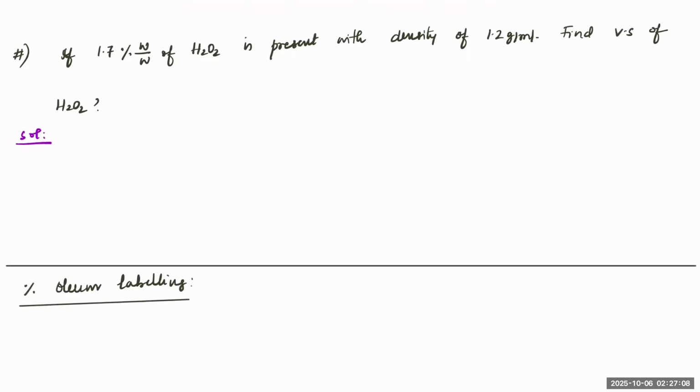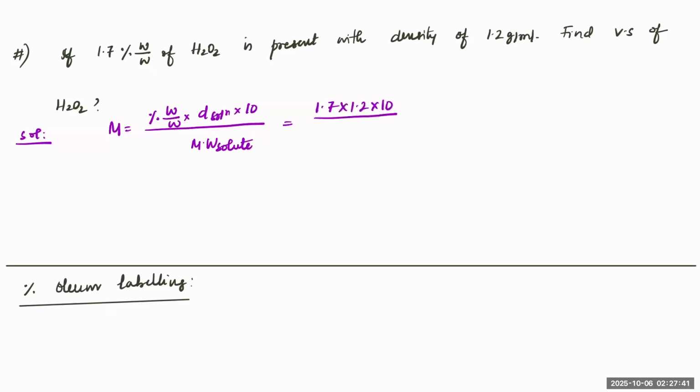That is, molarity is equal to percentage weight by weight into density of solution into 10 divided by molecular weight of solute. I usually remember it like a formula. That makes it easier, especially when you have percentage weight by weight. So percentage weight by weight is 1.7, density is 1.2 into 10 divided by molecular weight.